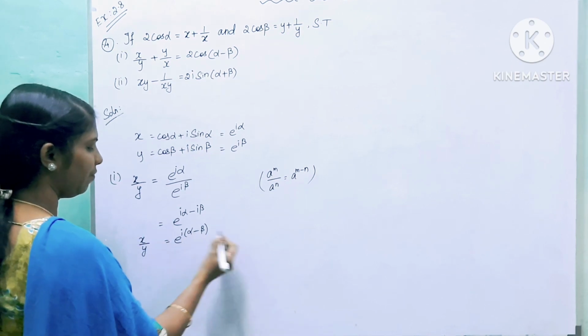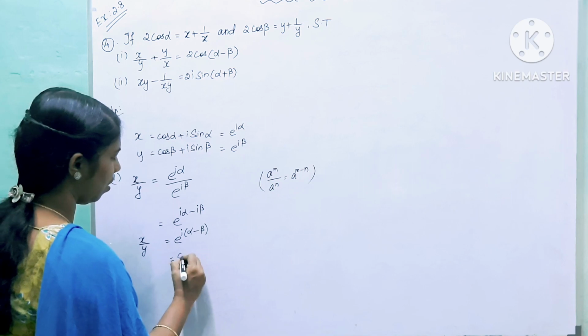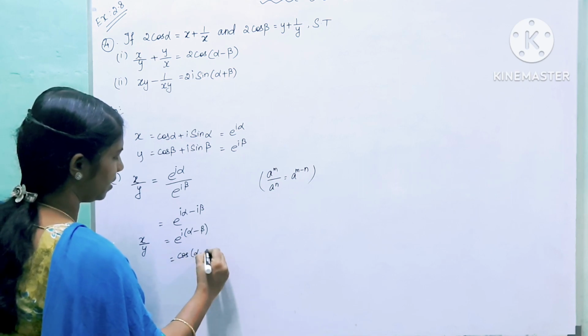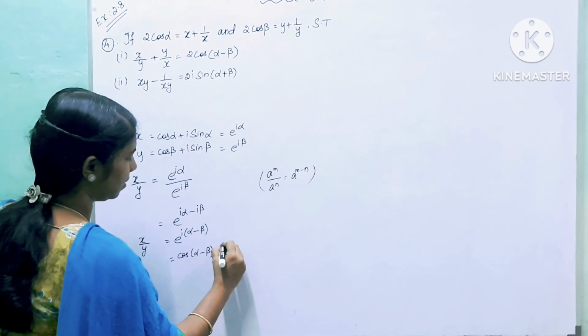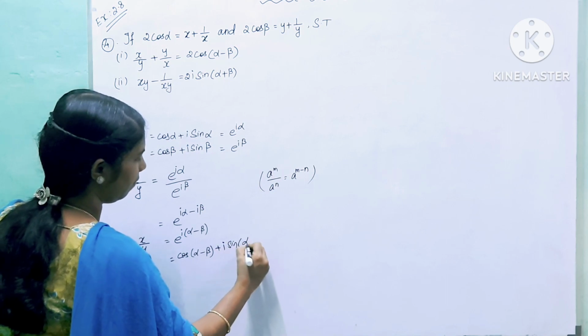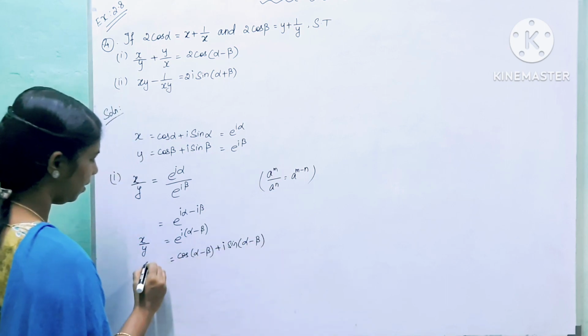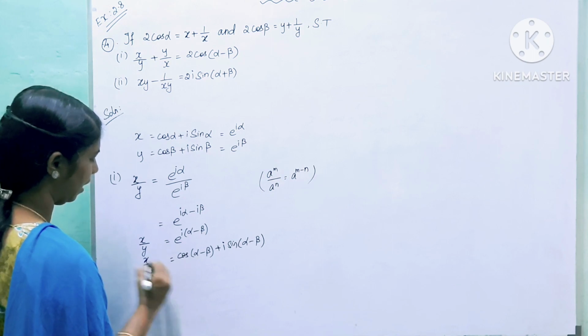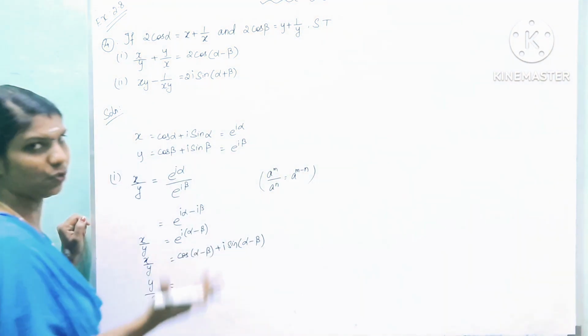When we write this in terms of cos and sin, it is cos alpha minus beta plus i sin alpha minus beta. This is now the value of x by y. When sin and cos come like this, the modulus is 1.